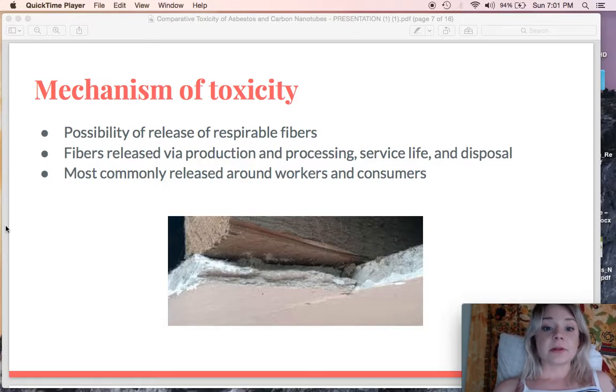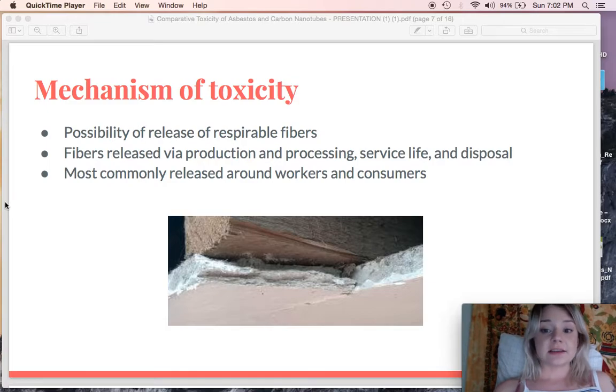For example, with asbestos, if there was asbestos in the insulation of your home, it's most likely to be released when that insulation is being installed by workers. It can also be released in your home when you're just being a consumer in your home and you have that insulation in there.